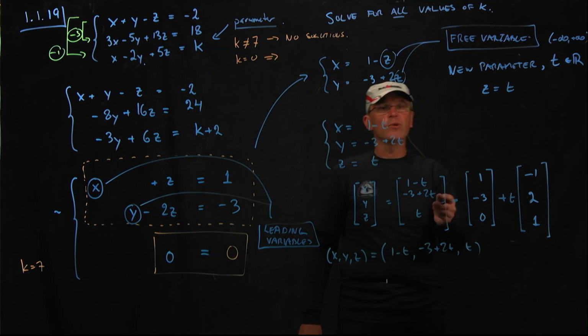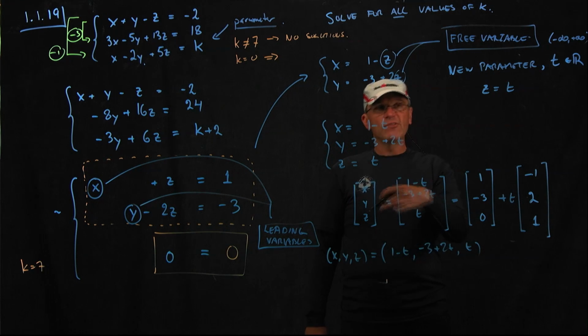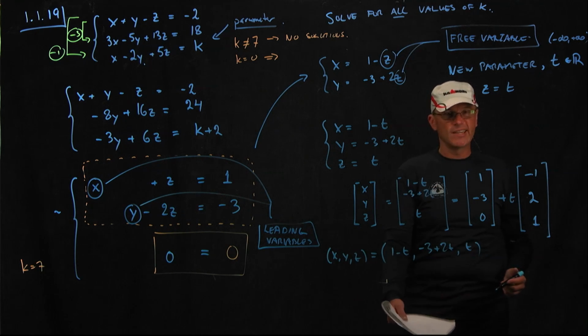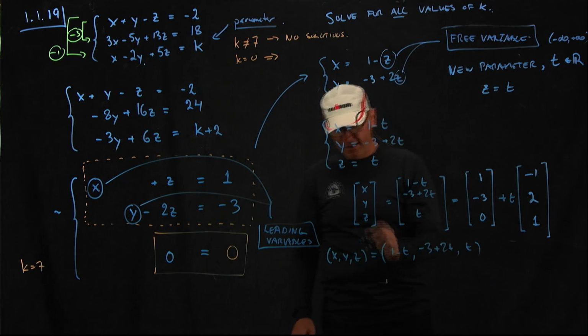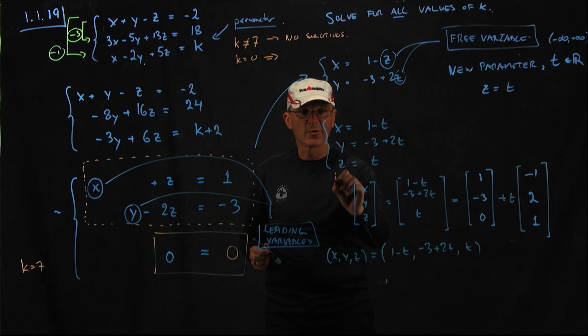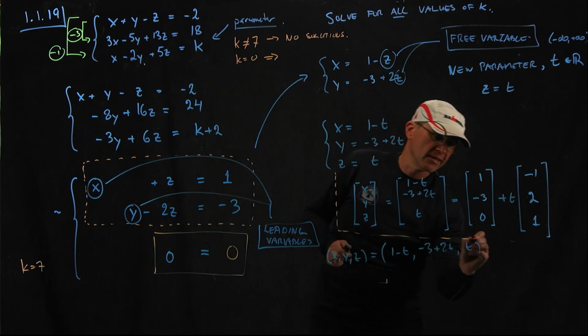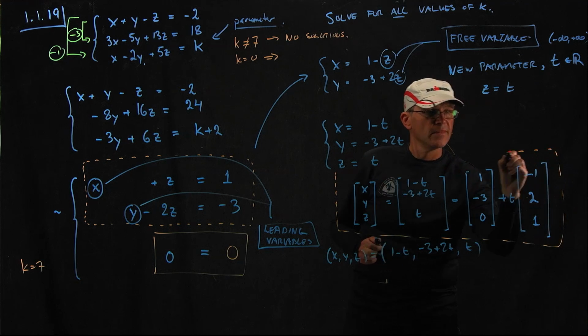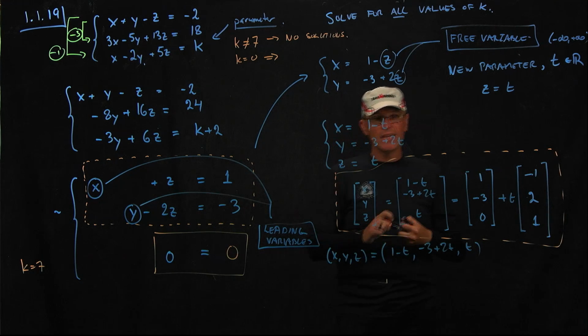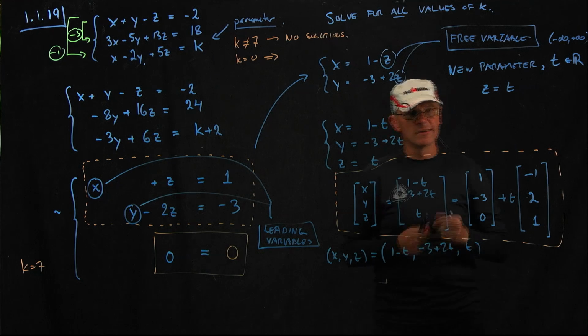Right? These are all equivalent. The different notations are useful in different contexts, and the context that will be most useful going forward is to collect it in this way.